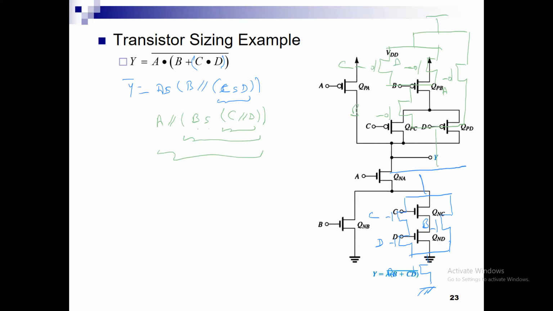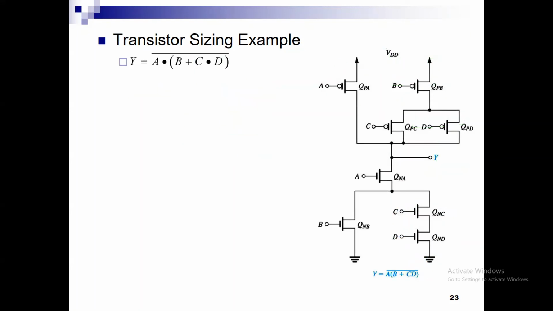Okay, so let us now look at the circuit, how it is drawn for us. Here they put A on top, it is fine, it's the same. Now this is the output line.